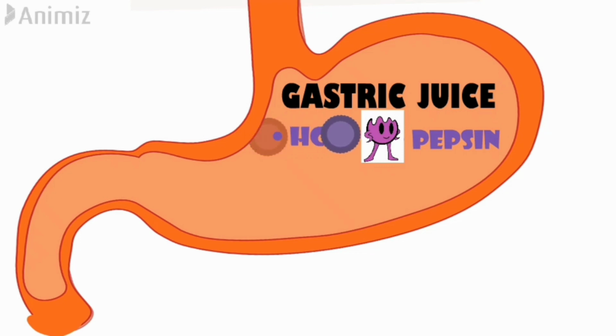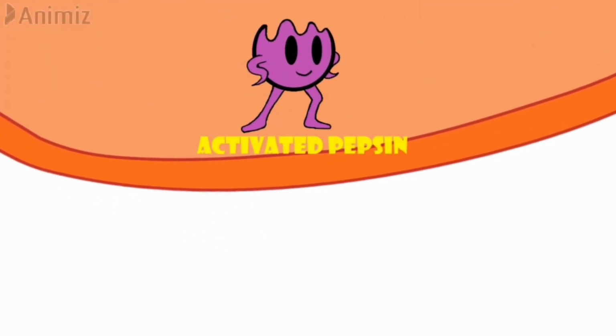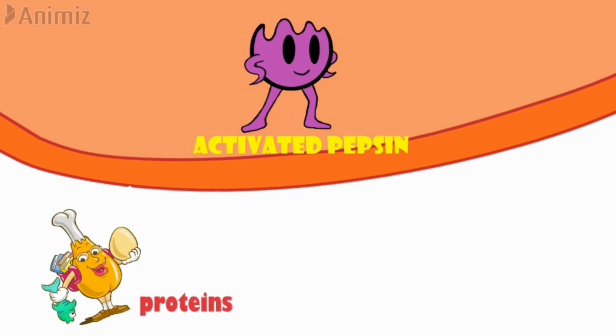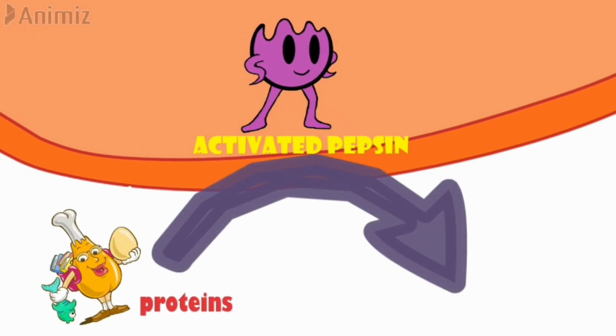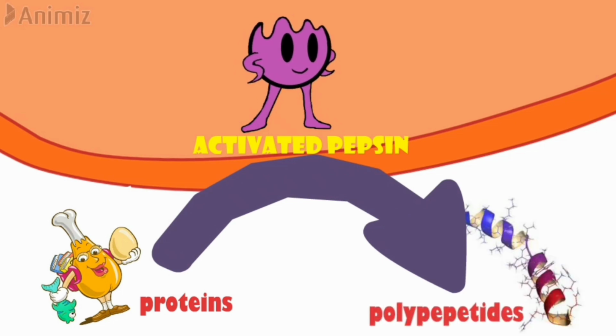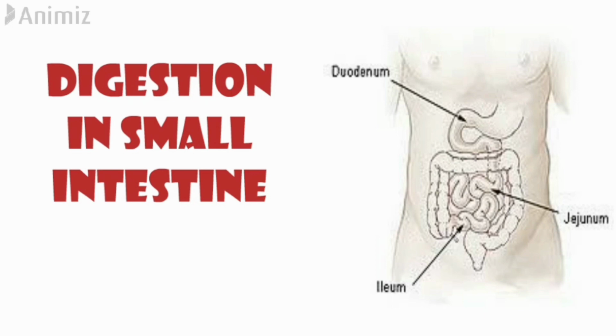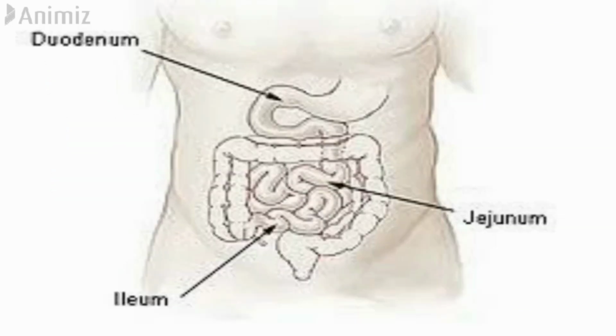And this HCl activates the pepsin. Pepsin starts the protein digestion. Here, the proteins are converted into polypeptides through activated pepsin. Here, mainly the chemical digestion takes place.